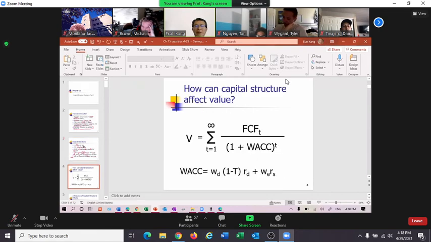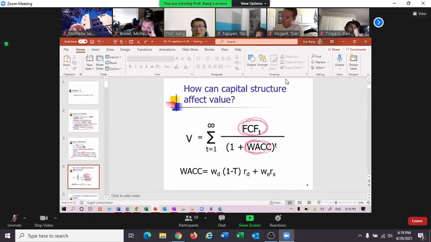And then, how can capital structure affect the value? This is from chapter 10, valuation. Free cash flow is for everybody, all the investors, right? So you discount it by WACC, weighted average cost of capital, right? Very important. Cash flows always have to be discounted by their relevant discount rate, and free cash flow is for everybody, like stock investors, bond investors, preferred stock investors.